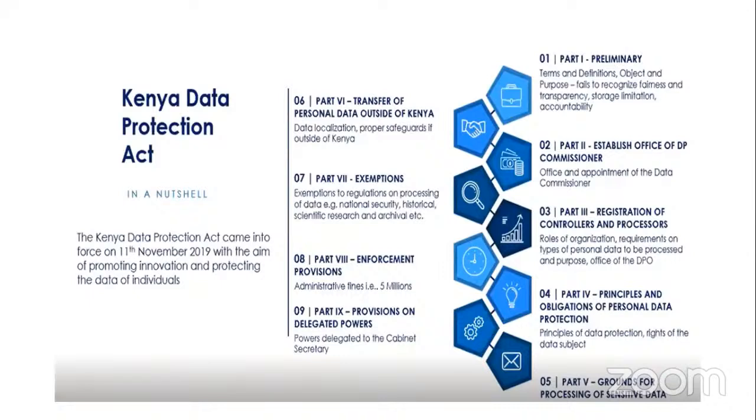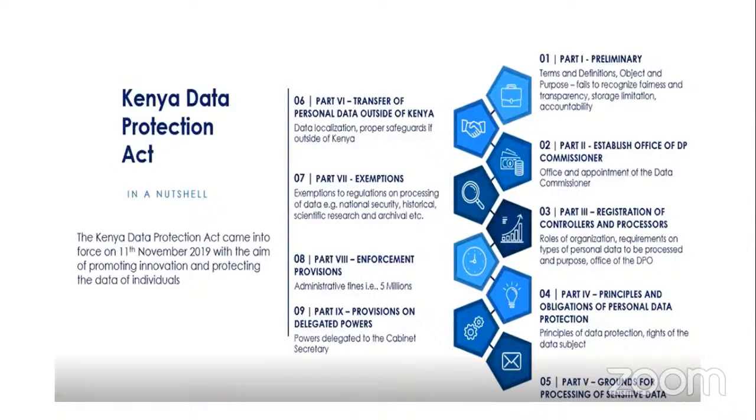So we have the preliminary, which covers terms and definitions, object and purpose, fairness and transparency, storage limitation, and accountability. That's what we'll find there preliminarily. Then in part 2, we have the established Office of the Data Protection Commissioner, which is already in force.